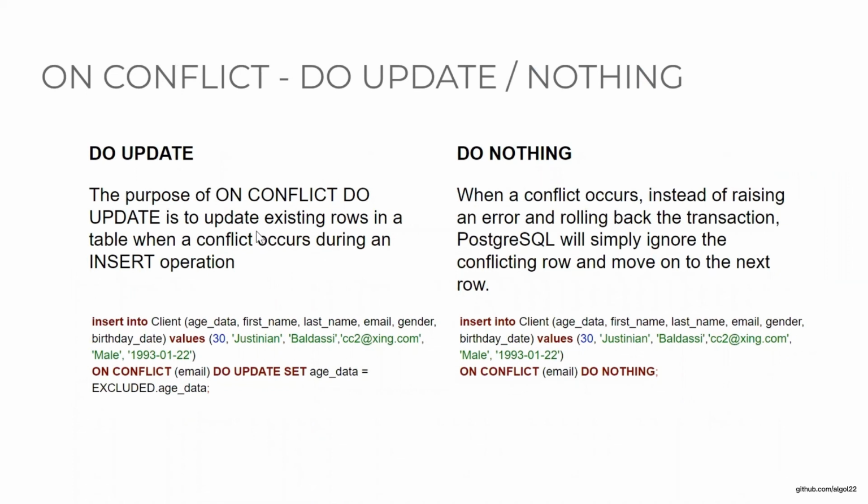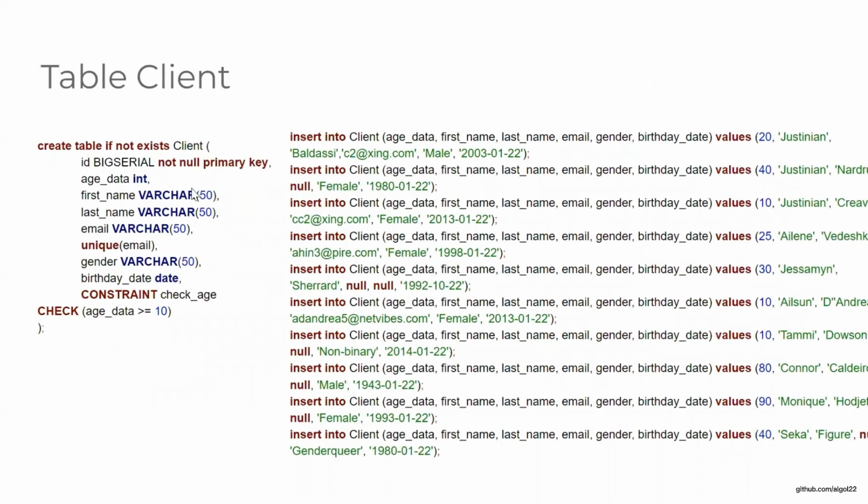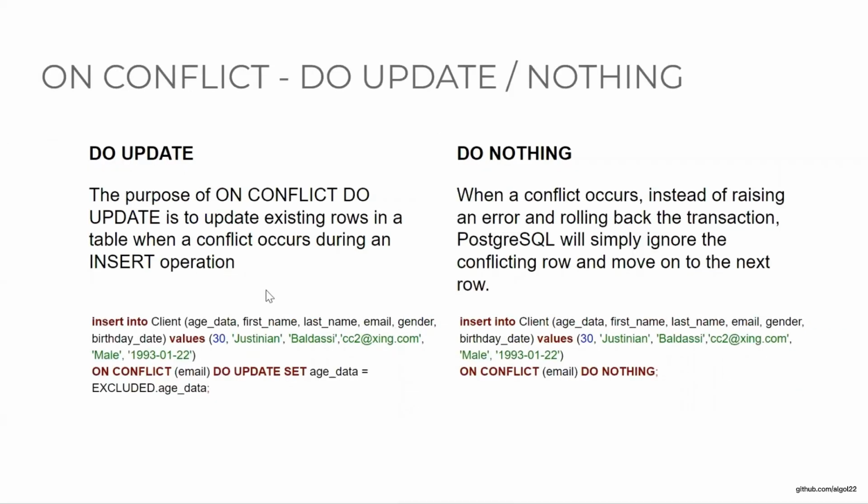OnConflict provides us with two options, do update and do nothing. On the one hand, do update updates information of the existing client in the database. For example, we already have Justinian with the same email, and we update the age of the existing Justinian because we have a unique constraint for email.